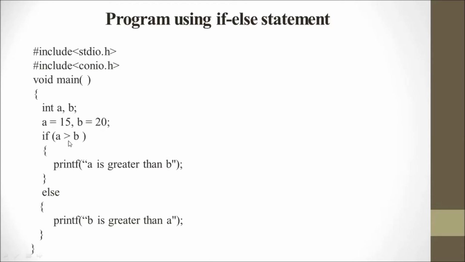This condition is false because 15 is not greater than 20, so this statement will not be executed. The control passes to the else part, and this statement will be executed because the condition is false. So the false statement will be executed: b is greater than a, it means 20 is greater than 15.